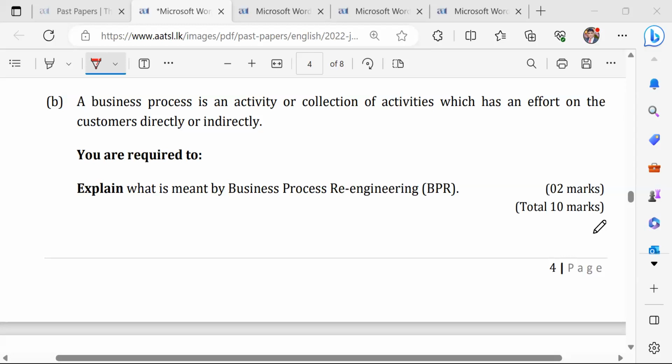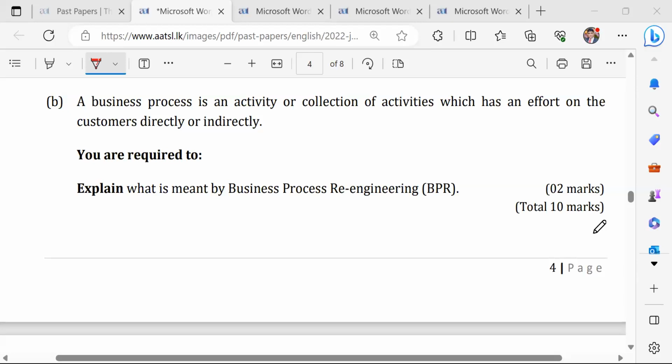Simply, BPR is rethinking the current business process and making positive changes. Rethinking the current business process and making positive changes is business process reengineering.